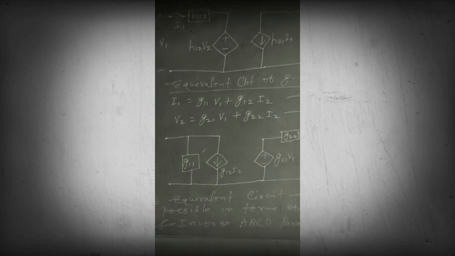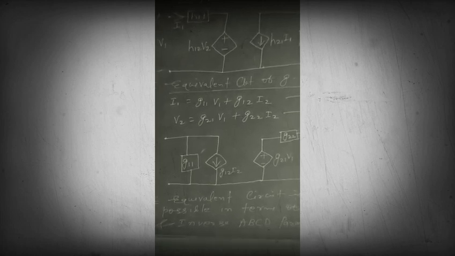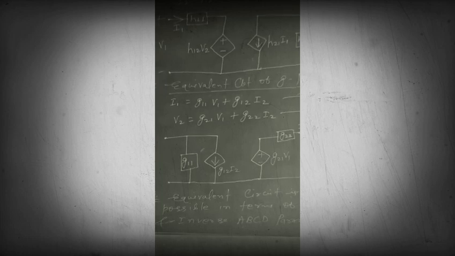That means we are writing for transmission parameters. For transmission parameters, the LHS has voltage V1 and current I1, and the RHS has voltage V2 and current minus I2. So on the left side you have voltage V1 and on the right side voltage V2 and current I2.